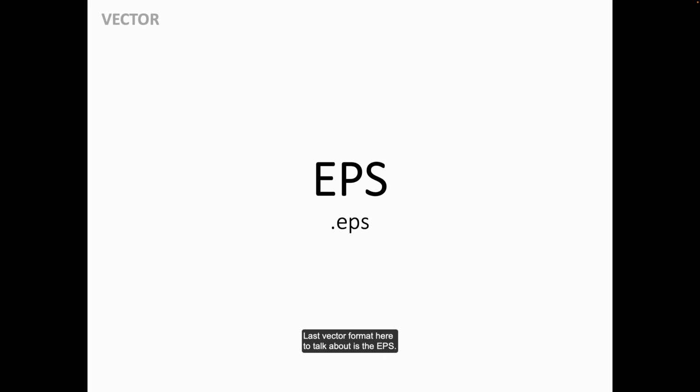Last vector format here to talk about is the EPS. This is another kind of older format out there, Encapsulated PostScript. So this vector file format is used primarily for vector images, mostly illustrations. The cool thing about an EPS is that it prints at the resolution of the printer. So your limitation is how well your printer can print. It contains what's called PostScript code.